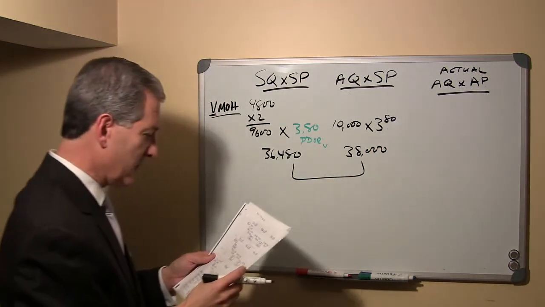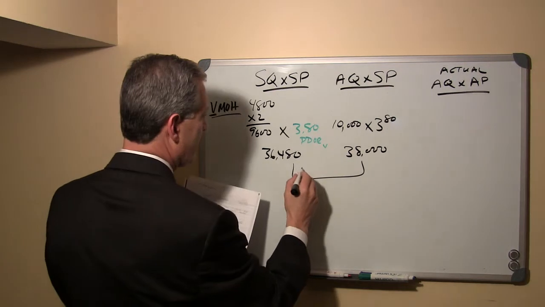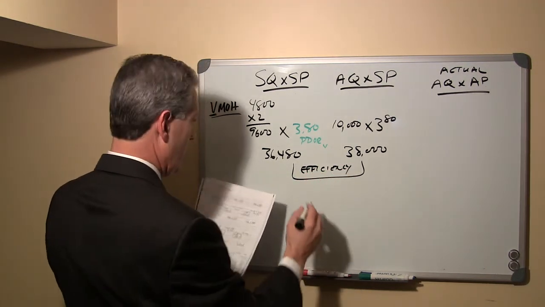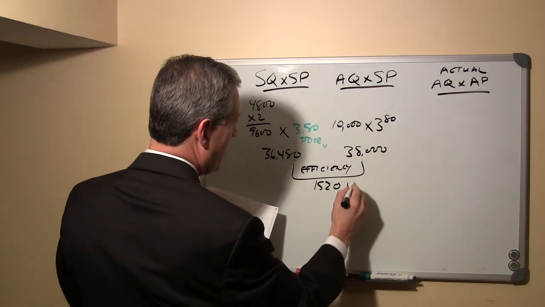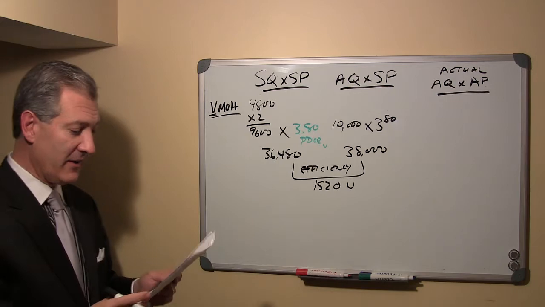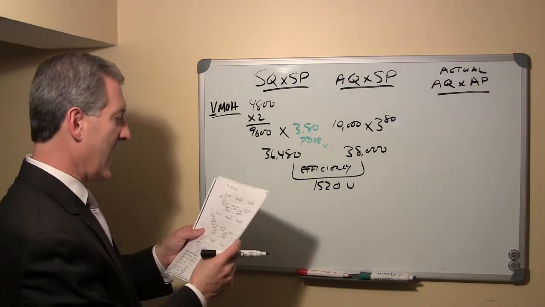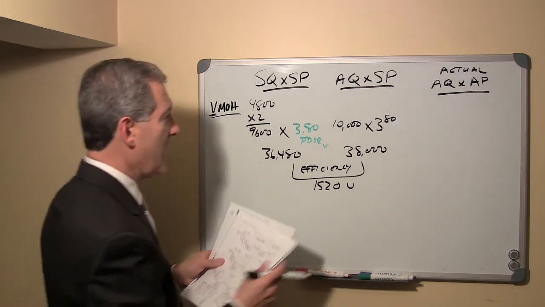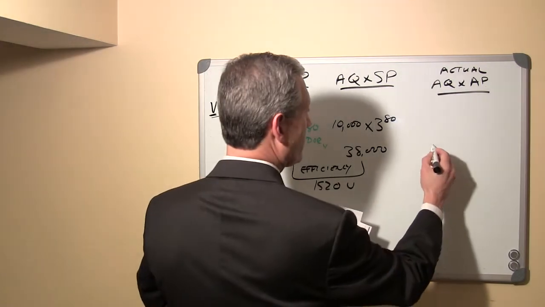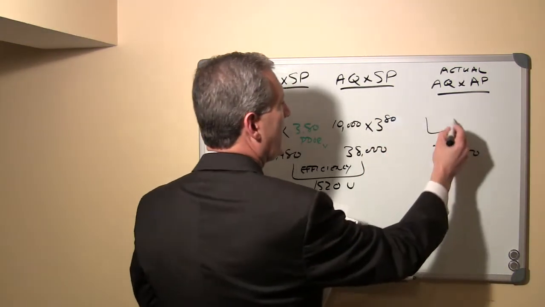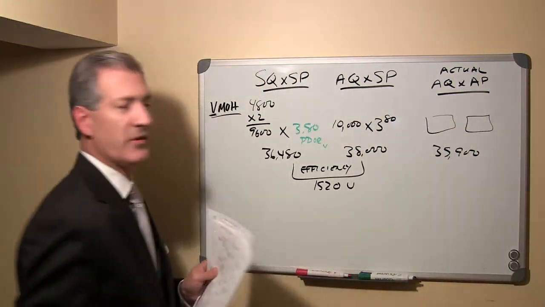The difference between the first two columns is the efficiency variance. $1,520 unfavorable. Let's look at the actual cost. Well, in this problem, they gave us the total actual cost at $35,900. You do not need to know AQ and AP, although you can find them.